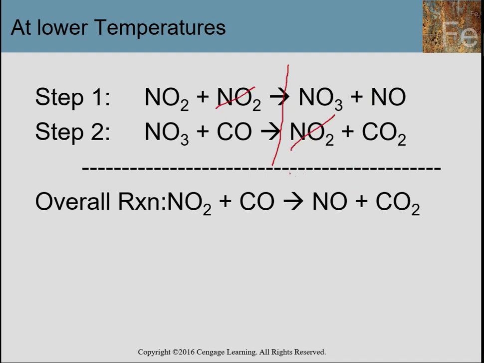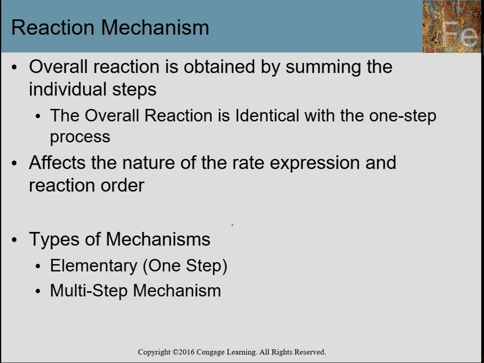And then also, this nitrogen trioxide right here is made in this step and then is used up over here. So that's why you get this to be the overall reaction. It's like adding together two mathematical equations. The same idea. If it's the same material, in the same numbers on both sides, you can cancel it out. So that's where you get this overall reaction.